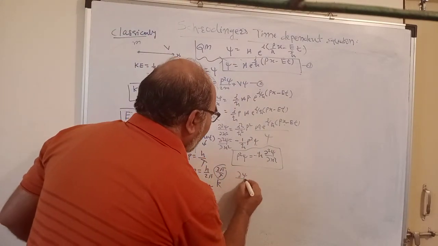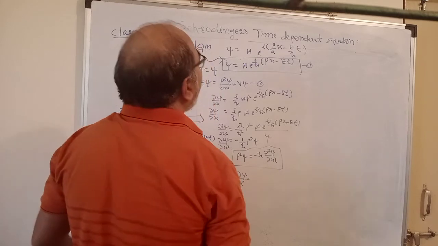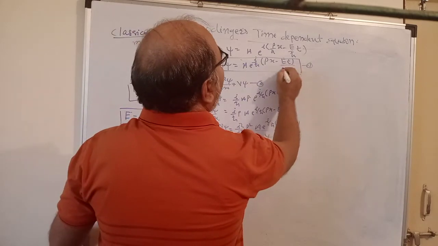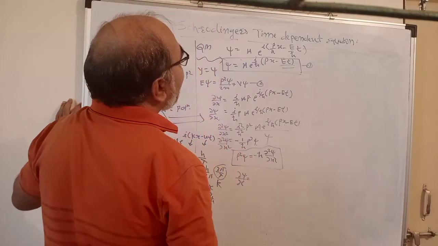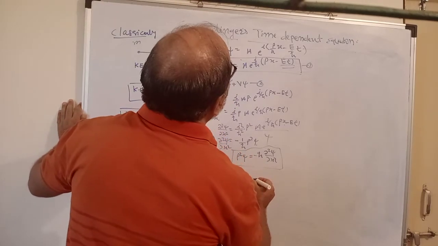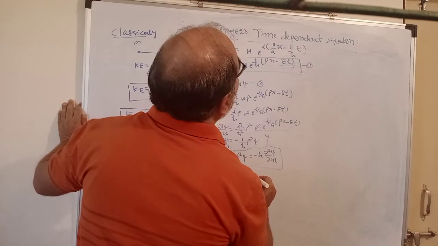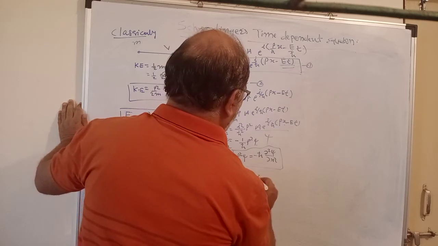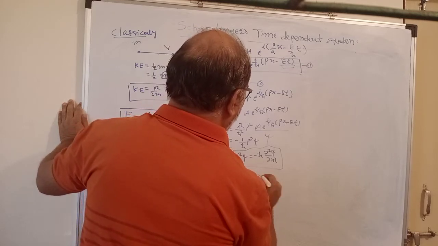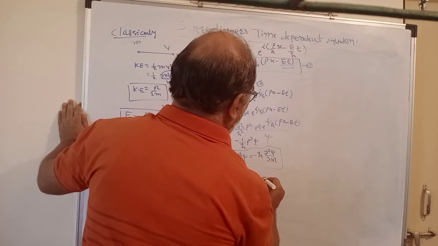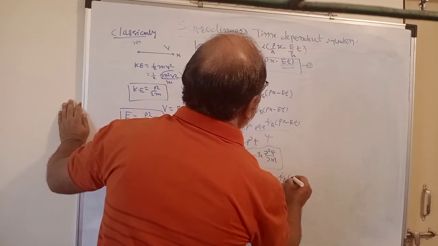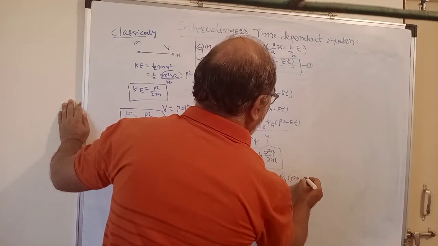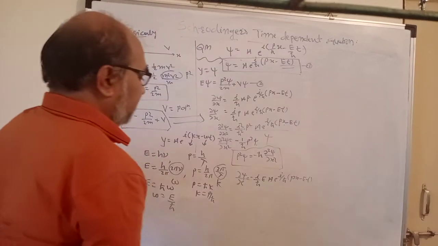Therefore ∂ψ/∂t is equal to, with respect to t, and therefore it becomes minus iE/ħ times e raised to i/ħ (px − Et) as it is.